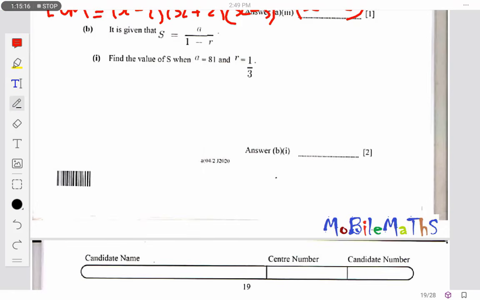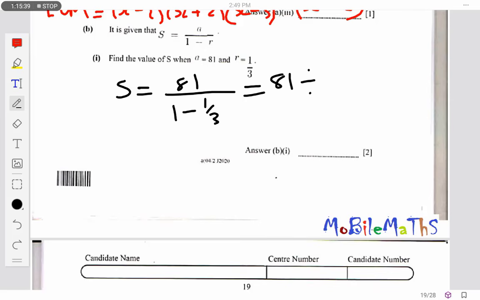Part B. S is equal to A over 1 minus R, and we are given the values there. So let's substitute. S is equal to, our A is 81, over 1 minus 1 over 3. I can rewrite 1 as 3 over 3 minus 1 over 3, to simplify my life.